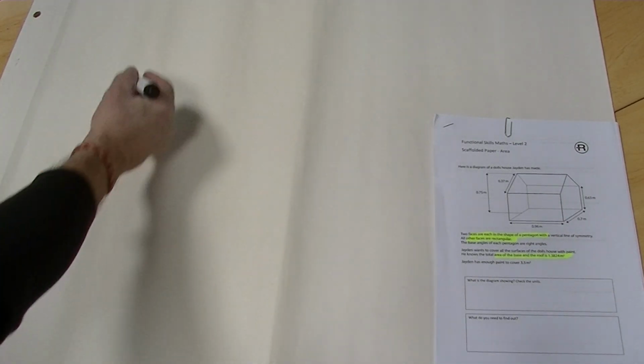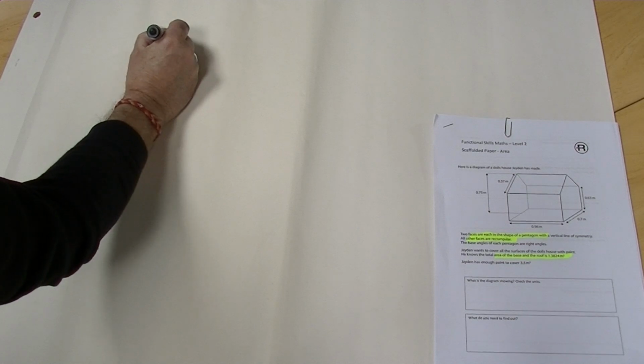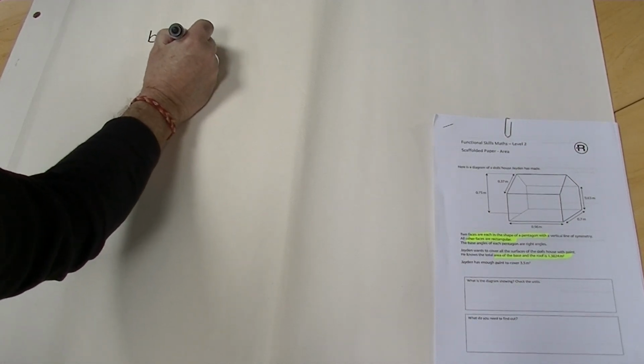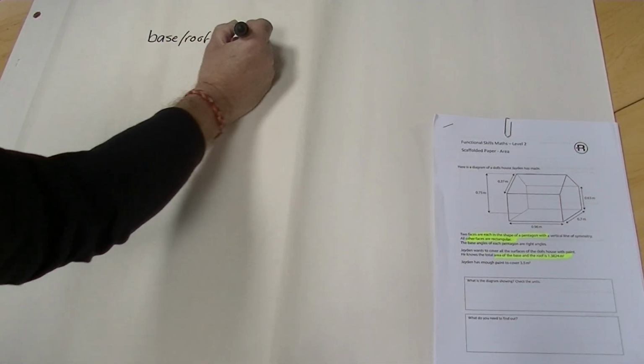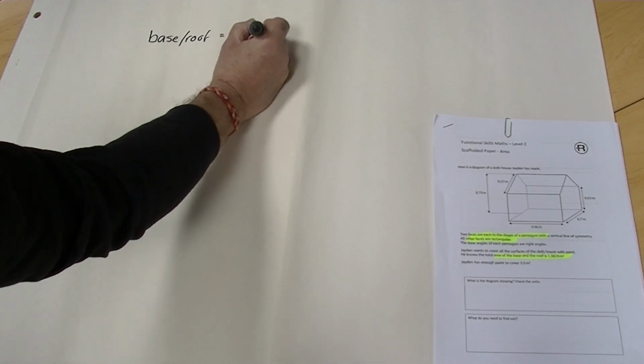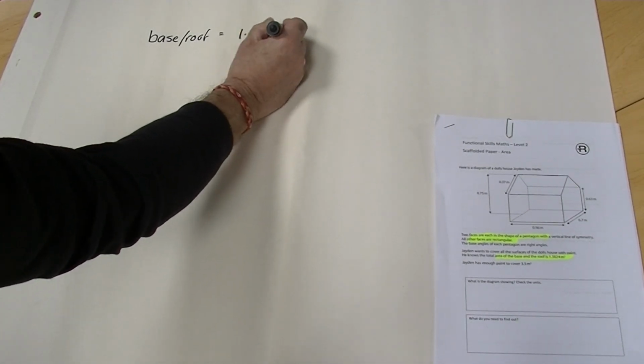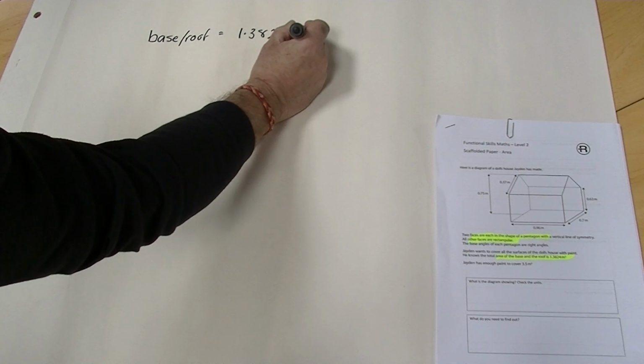We know that the base and the roof total area is 1.3824 square metres, so we write that down. That's already been calculated for us.